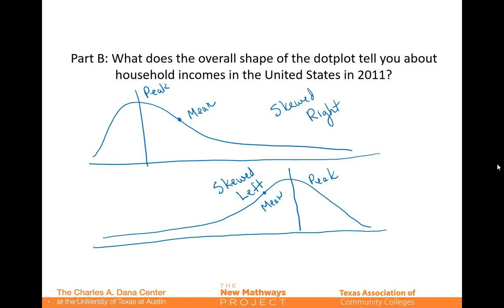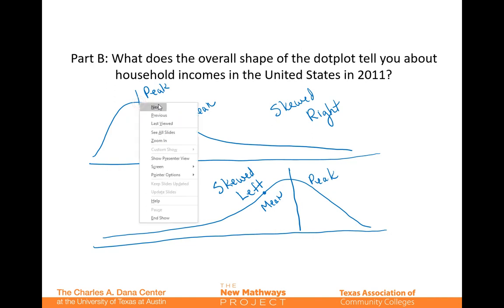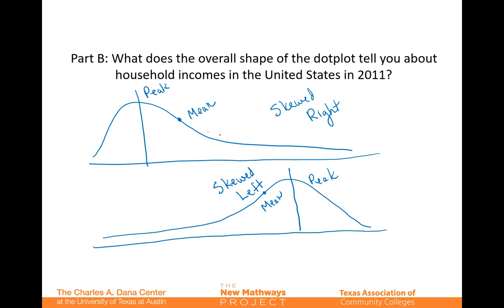Notice it's a little bit opposite. There's a tendency to want to think this is skewed left because the peak is on the left, but it's skewed right and that simply means the average or the mean will be to the right of the peak. So you'll have that long tail to the right. When you're skewed left, you'll have a long tail to the left, and that average or that mean value will be to the left of the peak.